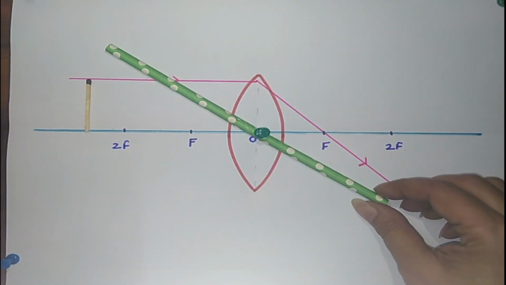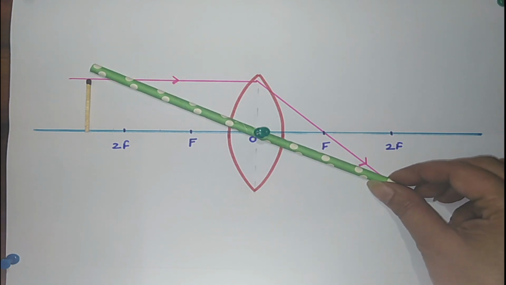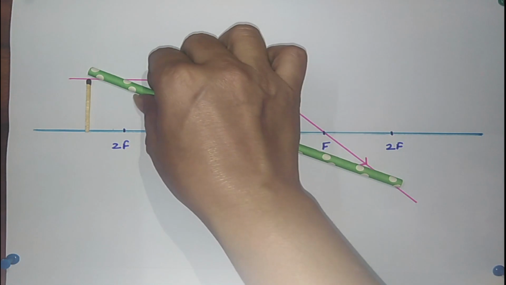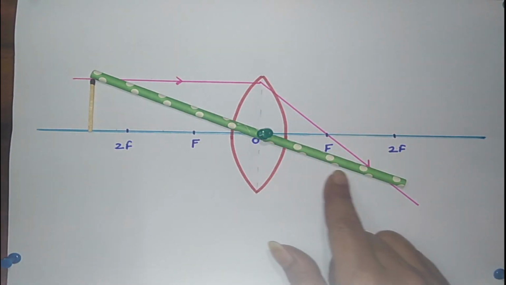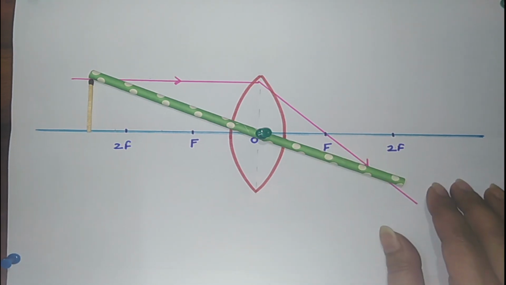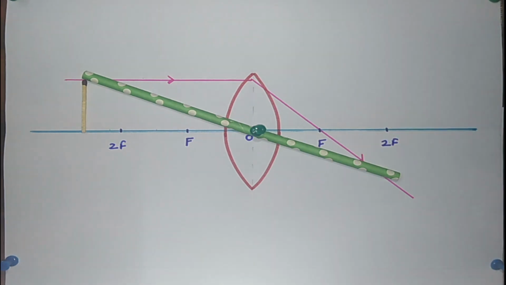This straw will serve the purpose of the second special ray, and we have to move it such that it touches the top of the object, and now it is passing through the optical center. Wherever these two intersect, this point denotes the position of the image of this particular object.